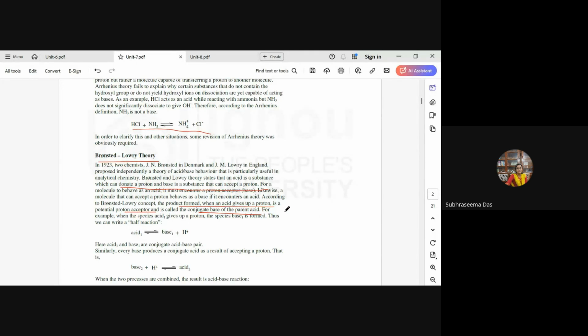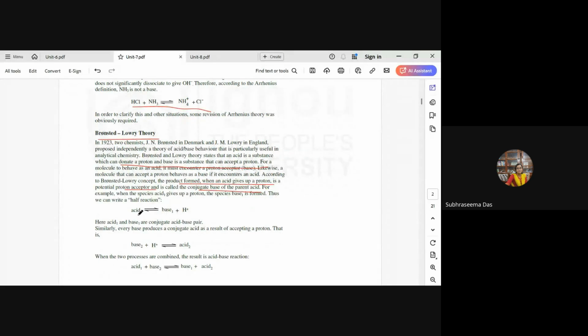Let us see the following example. Here acid 1 gives up a proton to form base 1, so acid 1 and base 1 are a conjugate acid base pair. Similarly, a base produces a conjugate acid by accepting a proton.